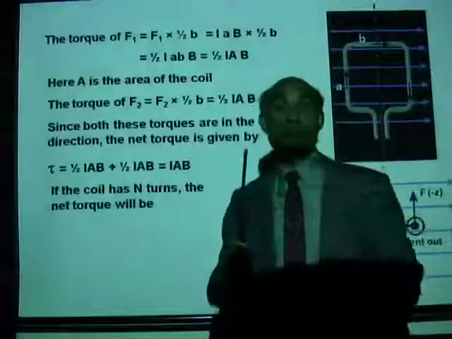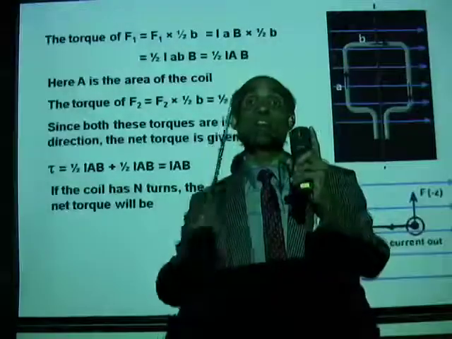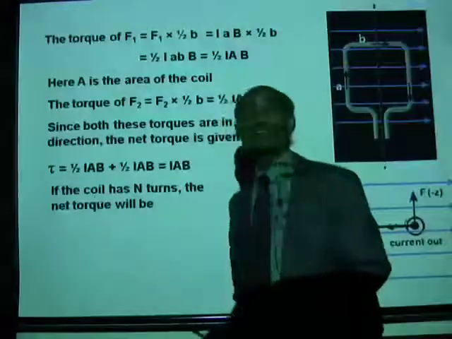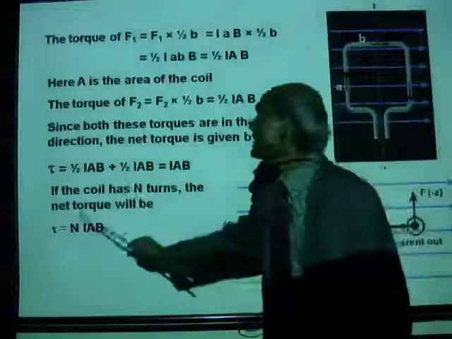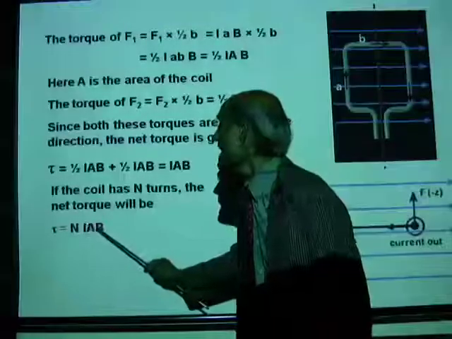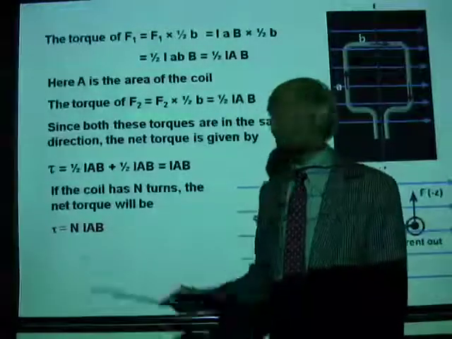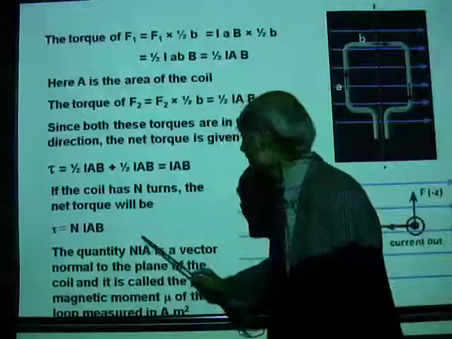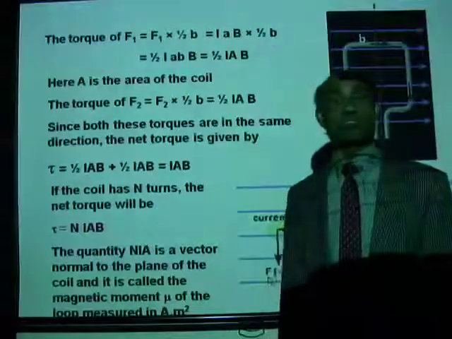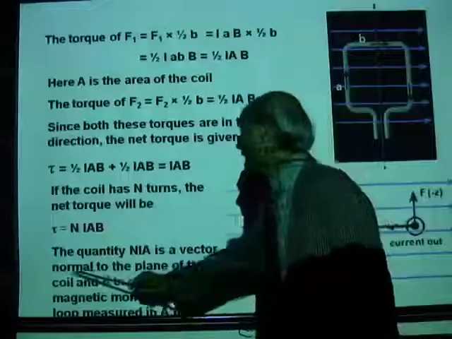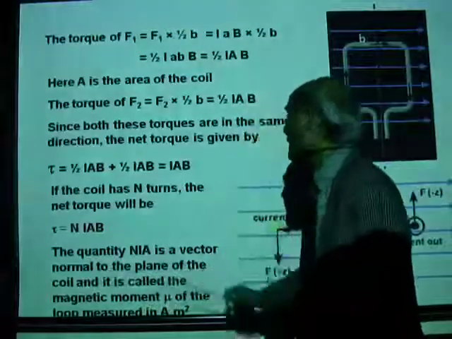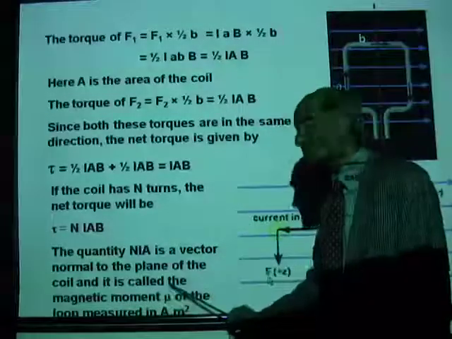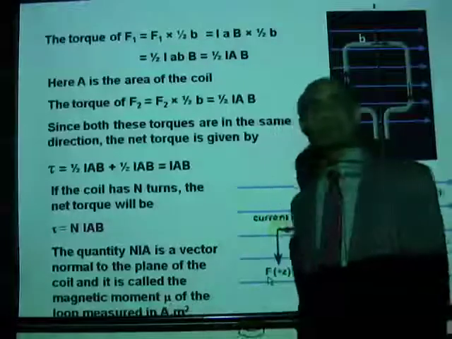Now, that is if the coil has just one turn. If the coil has n turns, the total torque will be NIAB. That's an important relation. Now the quantity NIA is a vector, and that vector is normal to the plane of the coil and is called the magnetic moment and is represented by mu.